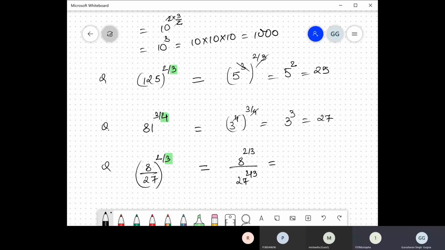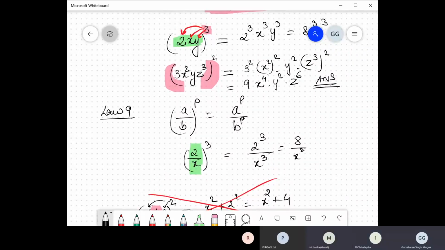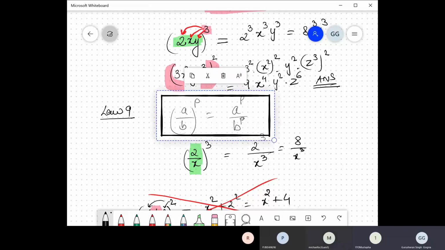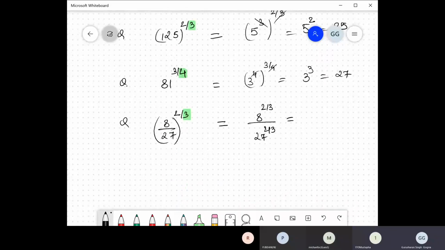How I managed to separate this is based on the previous law that I explained here. As I said, this law is only applicable in case of division and multiplication. So you remove the bracket and you transfer the power to each number inside the bracket. This is what I'm doing here.